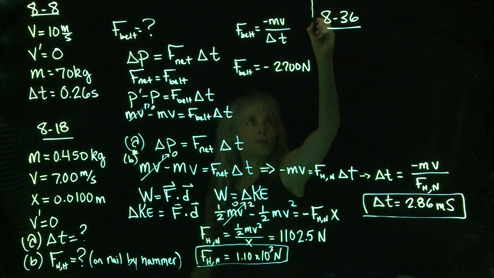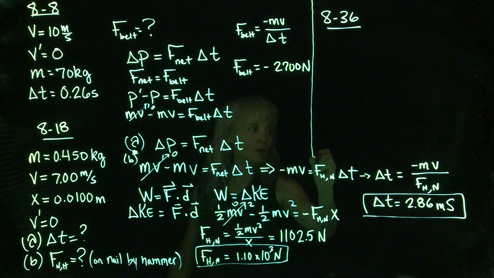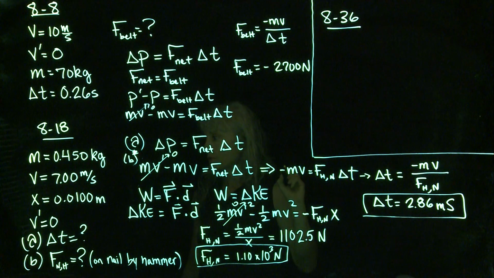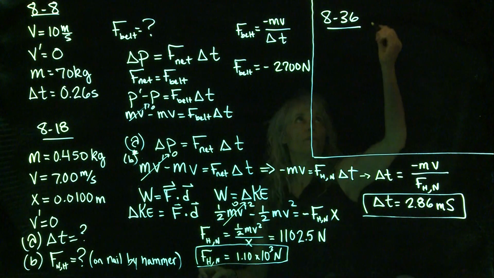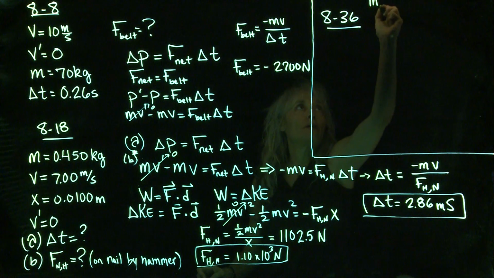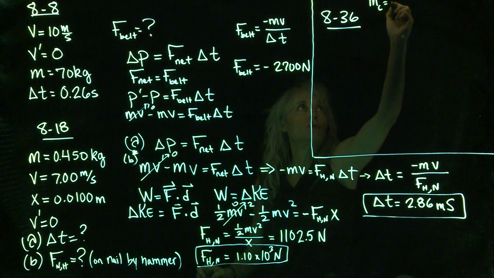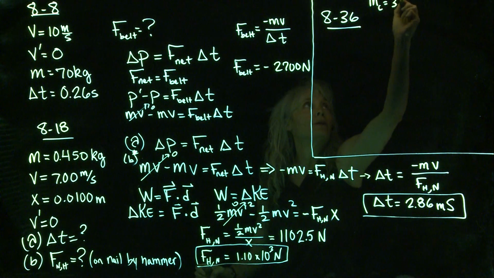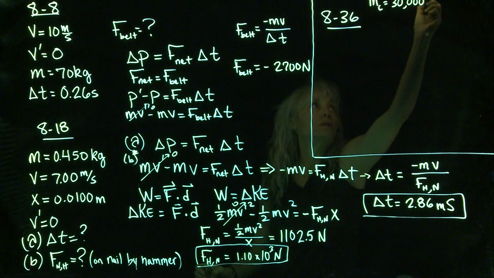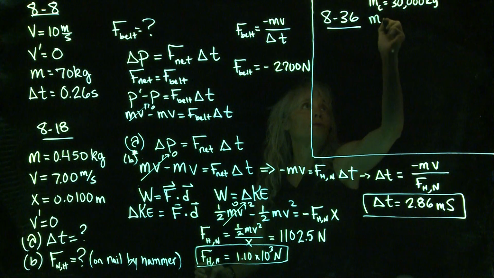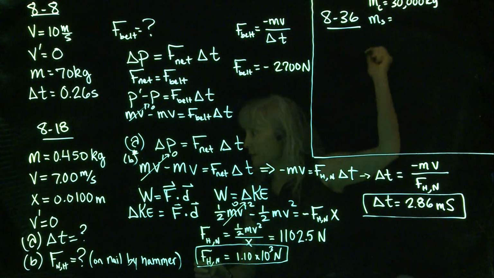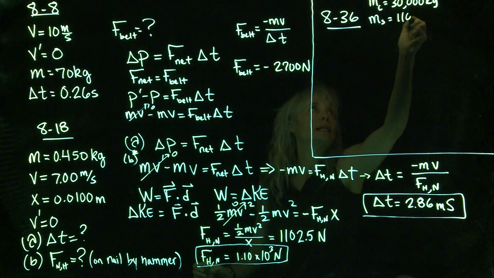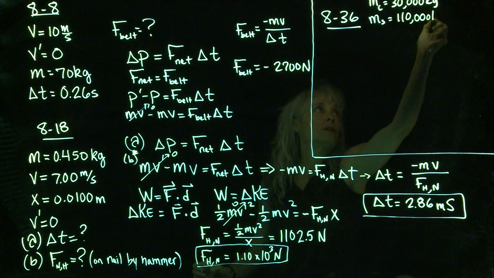So in this space right here on the board, we're going to go ahead and try and finish off this problem. So first of all, we are told that the mass of the freight car is going to be equal to, and I got to use a subscript because we're going to have two different masses here, 30,000 kilograms, and we're told that the mass of the scrap metal that's going to be dumped into the freight car is 110,000 kilograms.